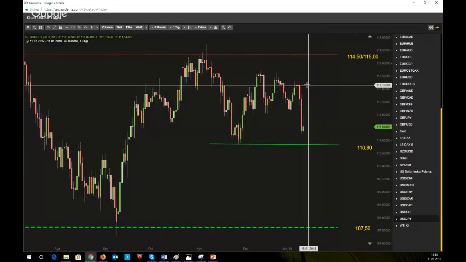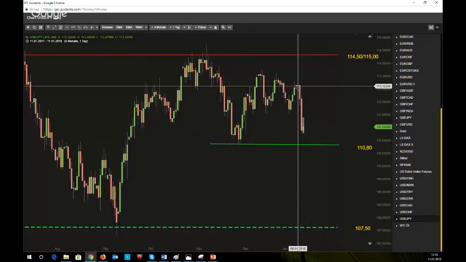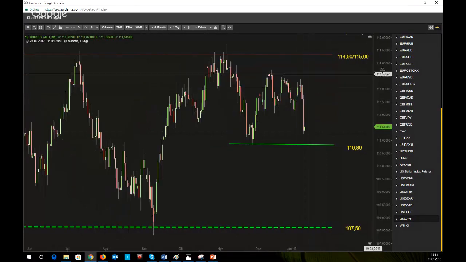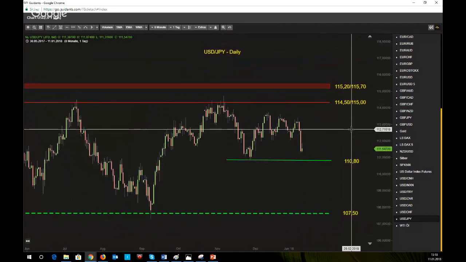The main reason for the drop into the start of the week, or it was not the start of the week, but it was Tuesday, was that the Bank of Japan bought, I think, only 190 billion worth of bonds within a duration of 10 to 25 years, if I got the numbers correct, but whatever, and they at least reduced their asset purchases here.